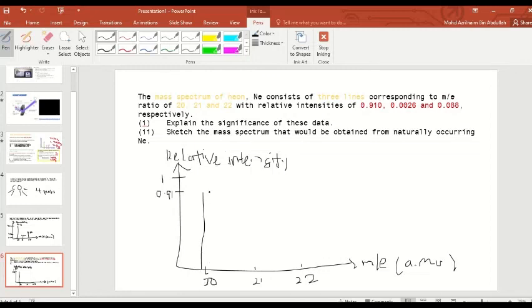Okay, tak apalah, nanti you all draw betul-betul. Okay, tak apa, kita erase. Okay, let's draw back. Okay, draw balik. Okay, this one is 0.910. Okay, and then you complete the others.